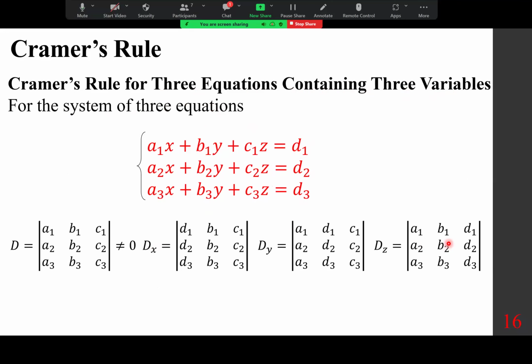And x was D sub x divided by D, that doesn't change. Y was D sub y divided by D, that doesn't change. This was for the 2 by 2. Now we add the z, D sub z divided by D, for the 3 by 3.